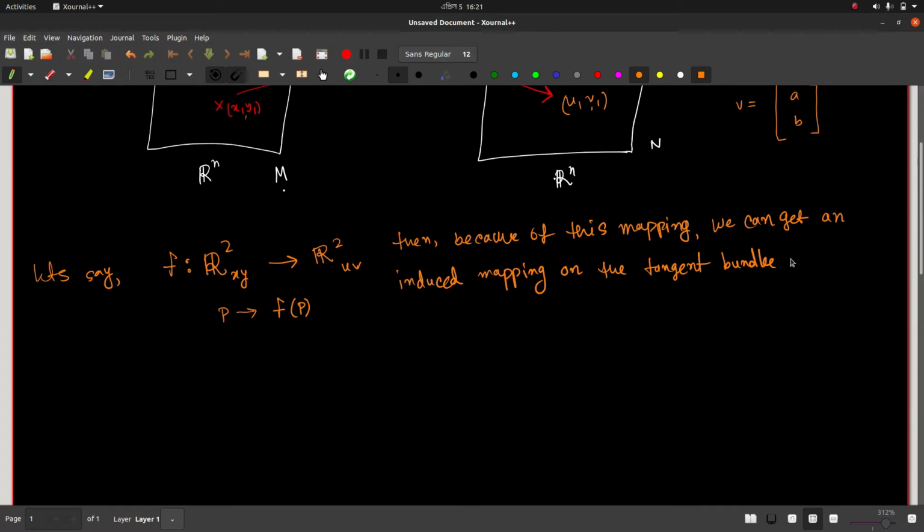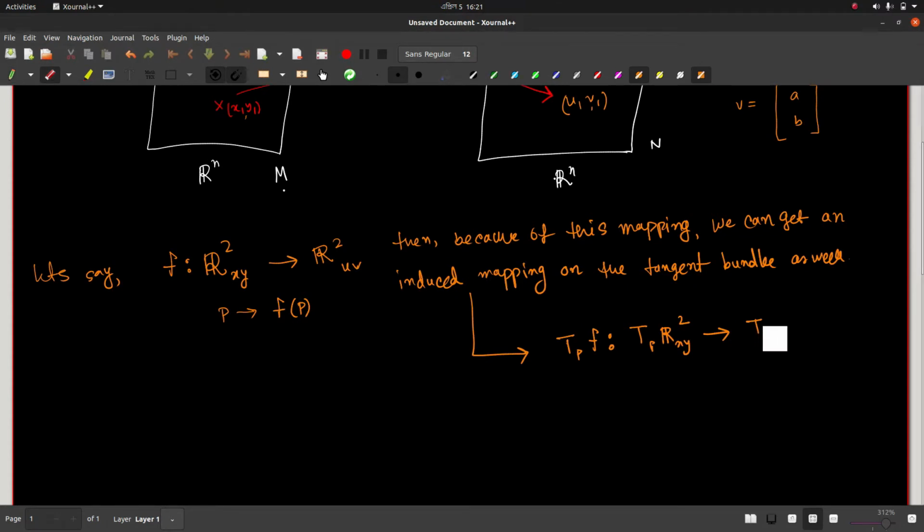So the tangent bundle as well, and this is given by, let's say, T of P. We are considering that point from T of P to R of xy, which is a two-dimensional thing, to T of P. Sorry, this shouldn't be T of P, it should be T of F of P, because all the points are getting mapped under the function to the uv space, where the vectors at some point on the manifold M are getting mapped with the following: T_p F applied to V_p.